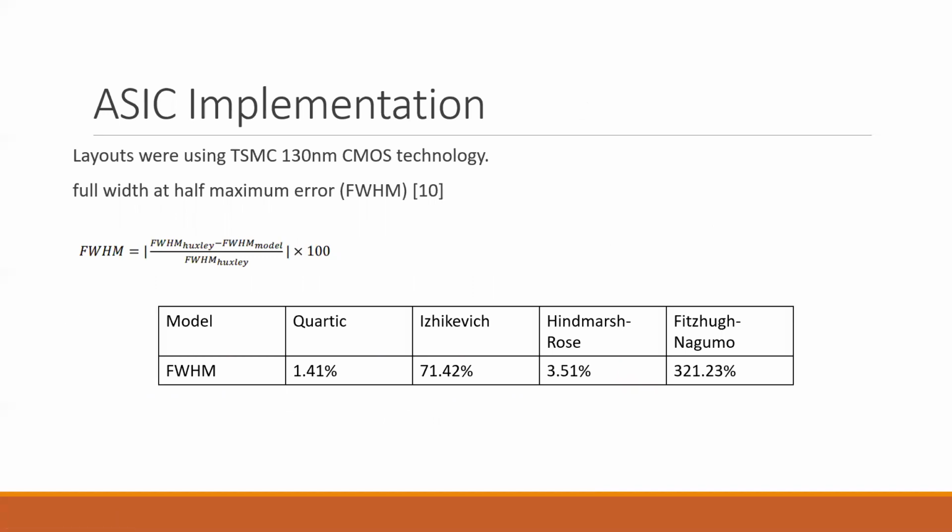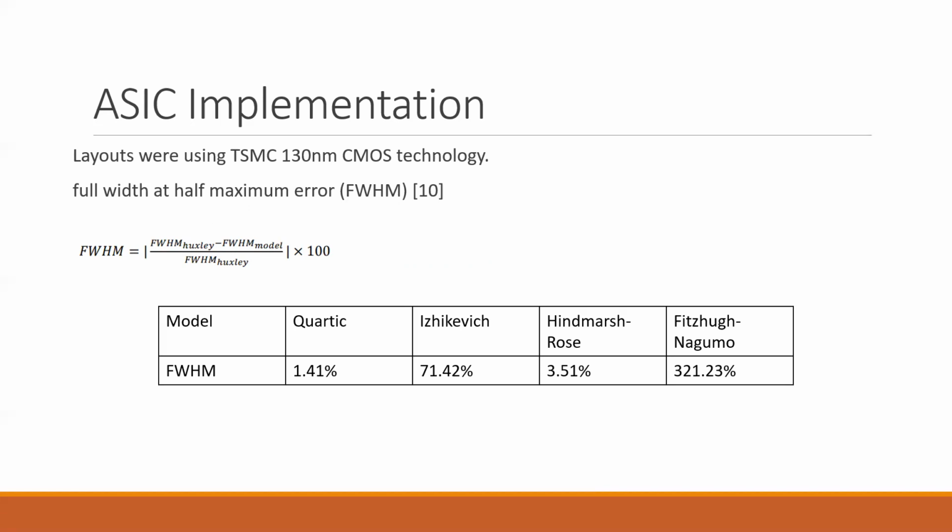Here in the ASIC implementations, the layouts for these ASIC models were made using industrial hardware calibrated TSMC 130 nanometer CMOS technology. The full width at half maximum error mentioned here is used to compare these models with the Hodgkin-Huxley model.